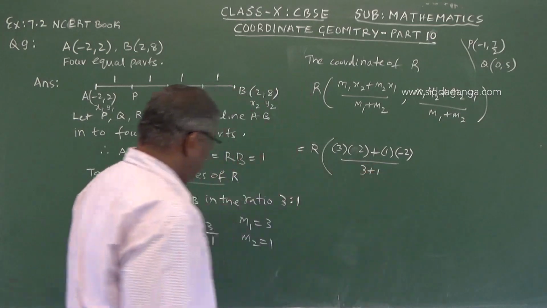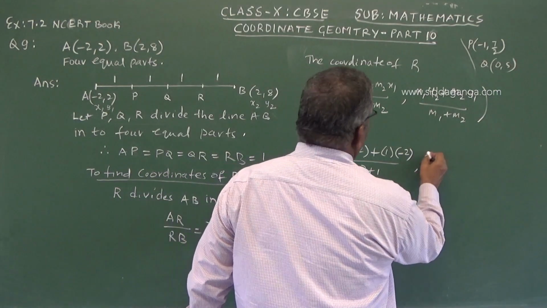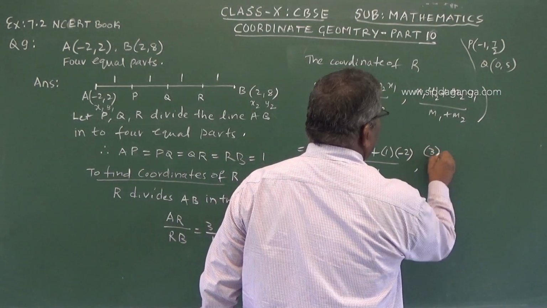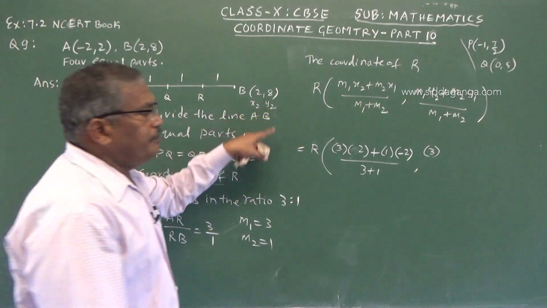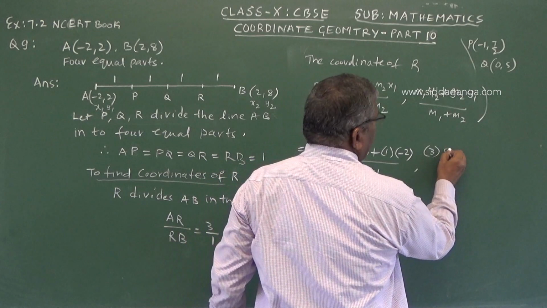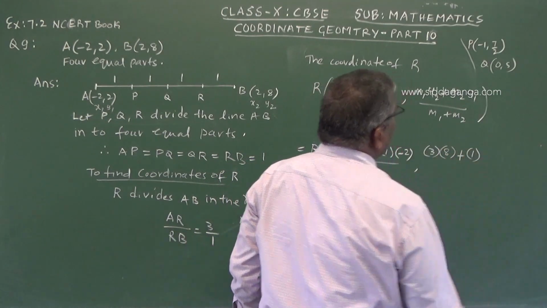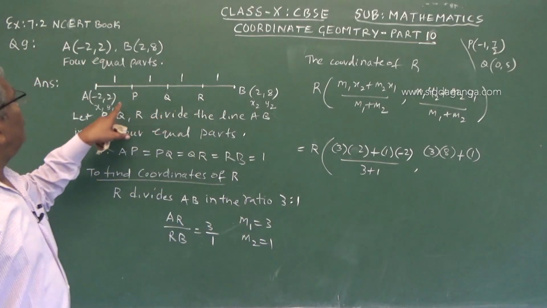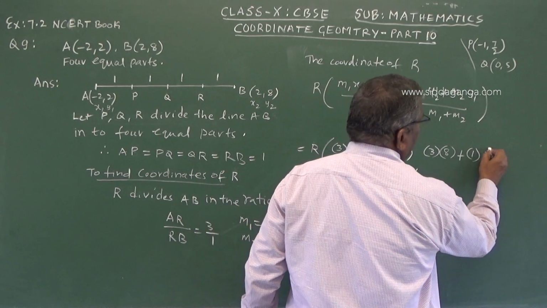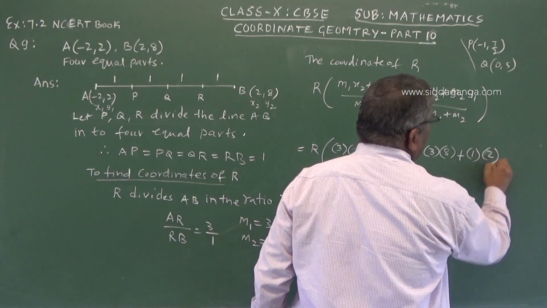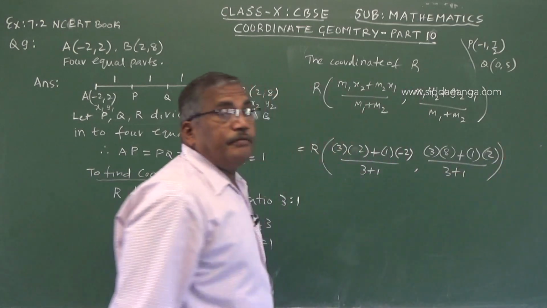divided by 3 plus 1, M1 plus M2, comma M1 is 3 and y2 is 8, plus M2 is 1 and y1 is 2, divided by 3 plus 1 in the denominator.